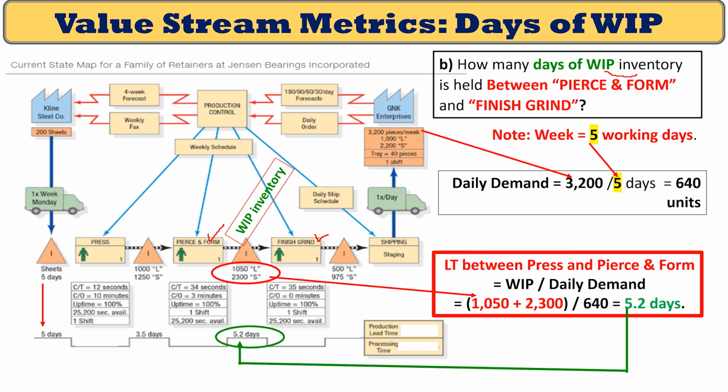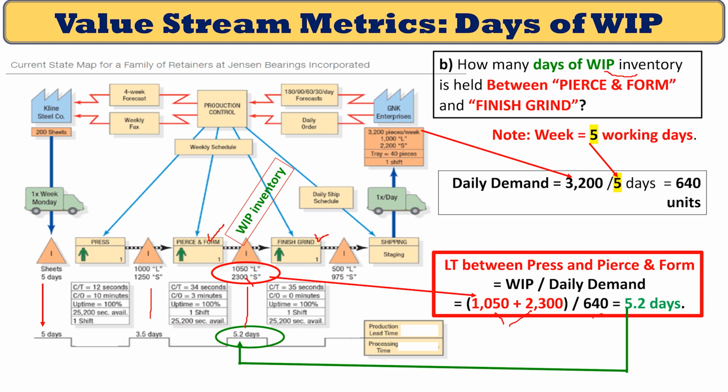We sum up 1,050 large plus 2,300 large, and then we divide the total by the daily demand, and we have 5.2 days. We report that information just below, where the inventory sits.